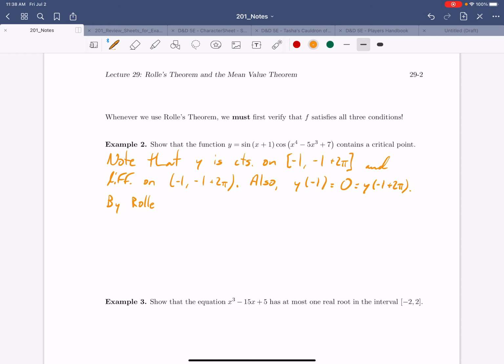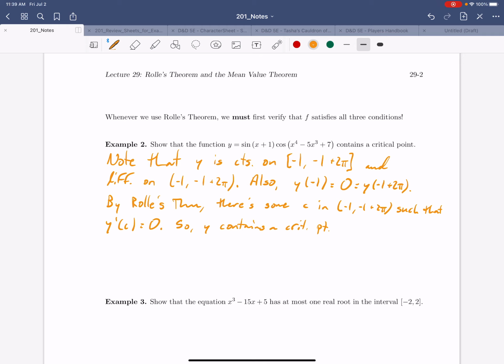By Rolle's theorem, there's some c in the interval from -1 to -1 plus 2 pi, such that y prime of c equals 0. Okay. So y contains a critical point.